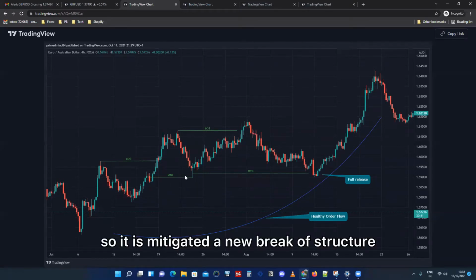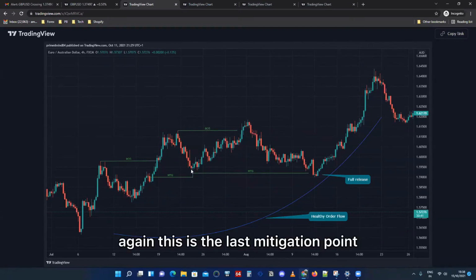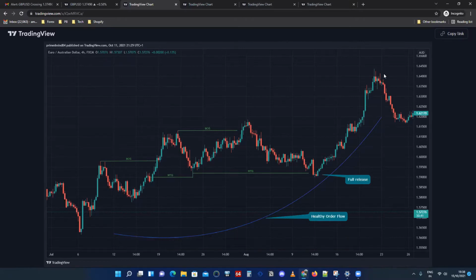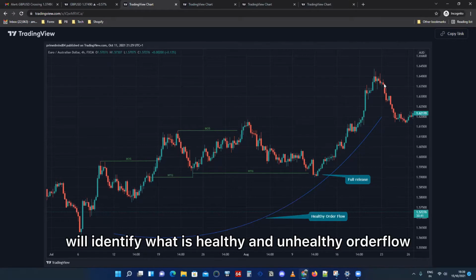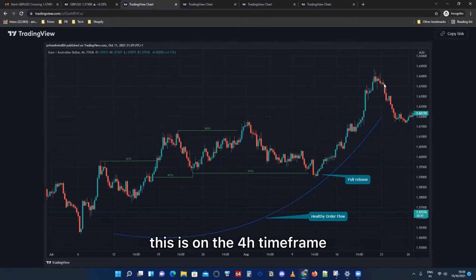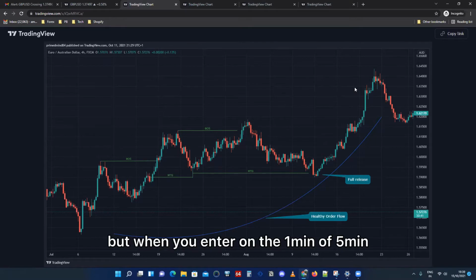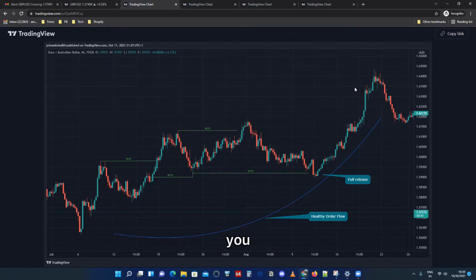Again, this is the last mitigation point. It comes back here before full release. You see the difference, this leg and this leg. This is how you identify healthy and unhealthy order flow. This is on the 4-hour time frame, but when you enter on the 1 minute or 5 minute, it should be in the back of your mind.